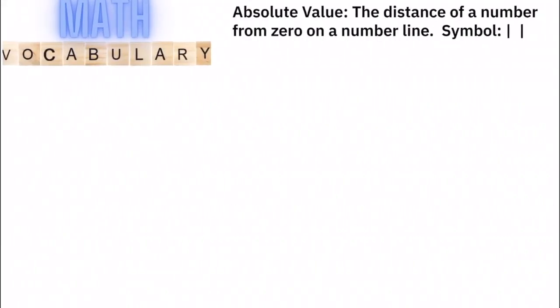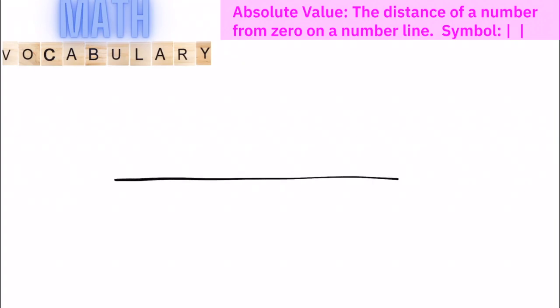The second vocab word you're going to hear a lot is absolute value, and that just means the distance of any rational number from 0 on that number line. So how far is it from 0? So even if I gave you the number 936, if I want the absolute value, and you're going to see a symbol, it's going to be in these two long lines.